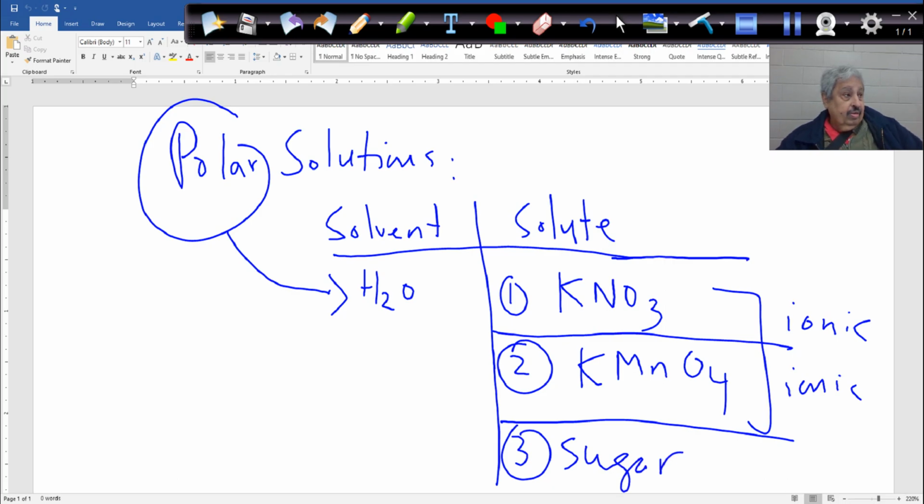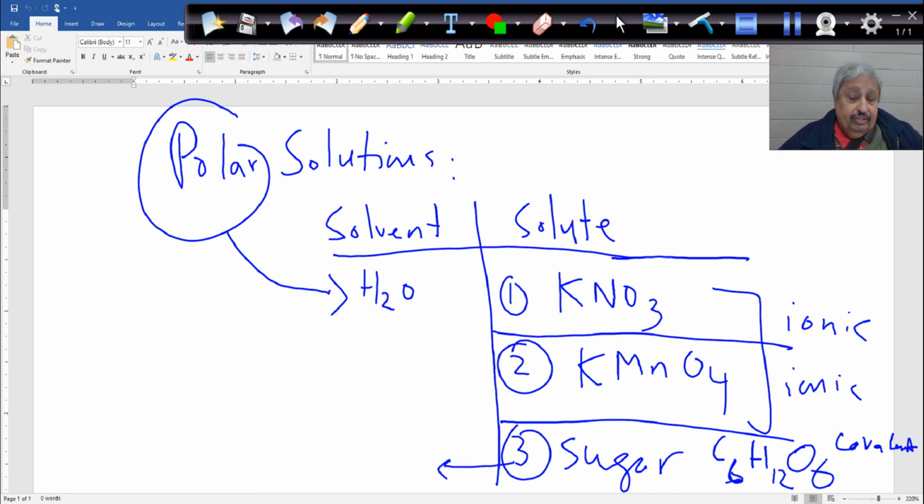glucose, correct? And glucose has the molecular formula C6H12O6. That's a sugar. So this is covalent. But it's polar though. The only difference here is that when dissolved in H2O, no ions are produced.